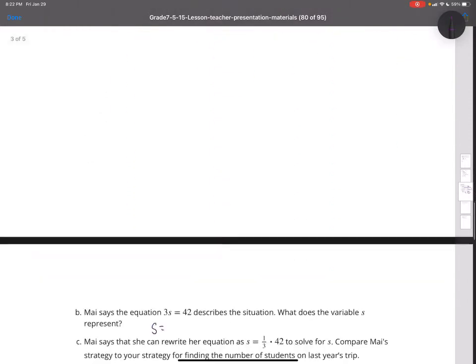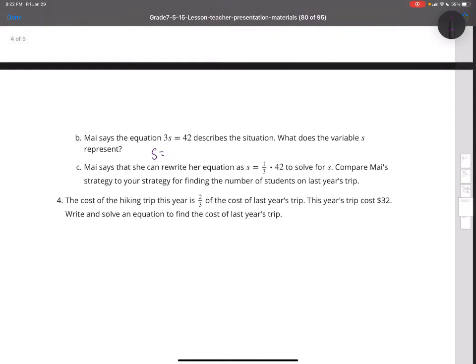And that's exactly what that variable represents, the number of students who went on a hiking trip last year.